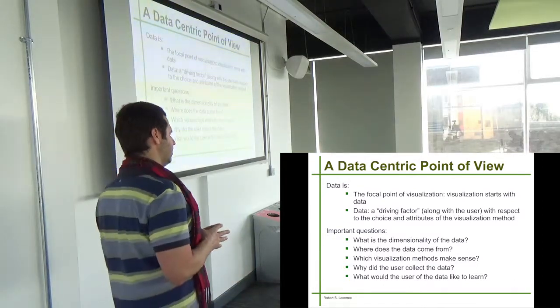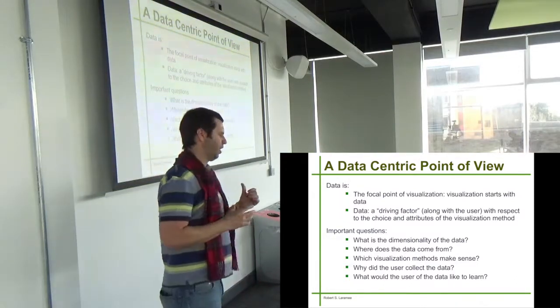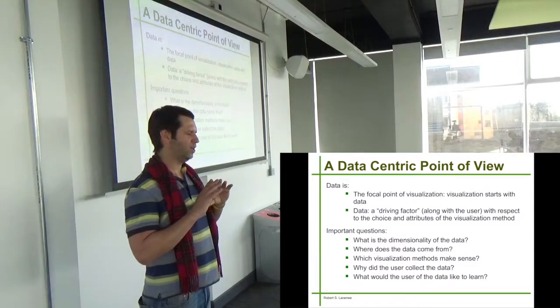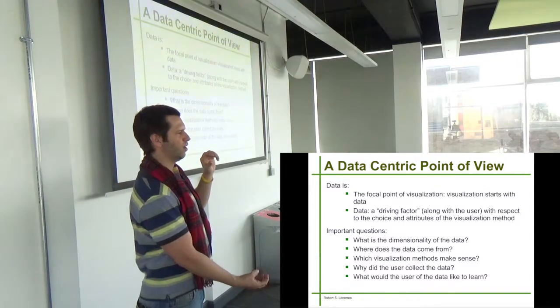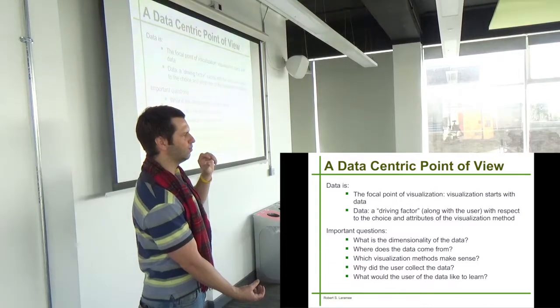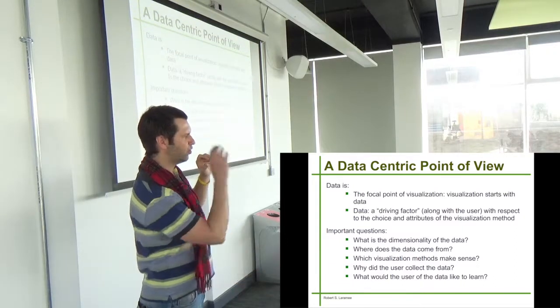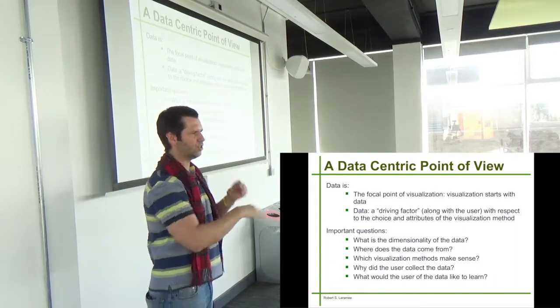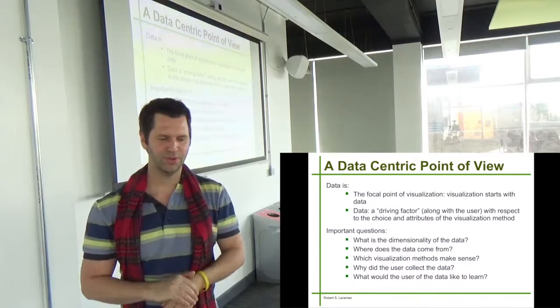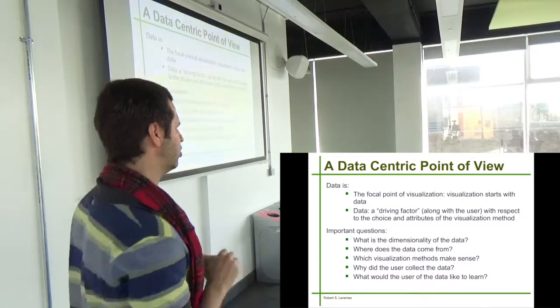If you imagine the visualization pipeline, you could put a person down at the bottom. The last stage is a person looking at the images. I didn't put that in the Viz pipeline, but really it should be in there.